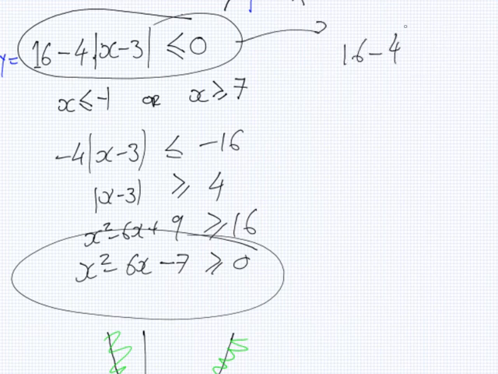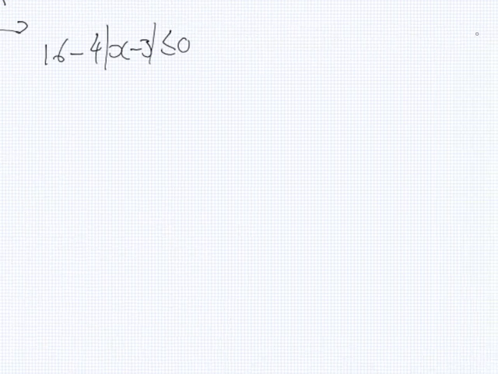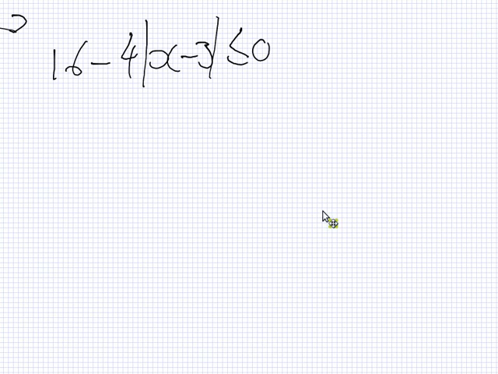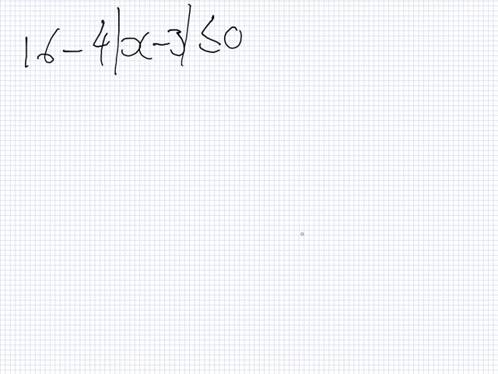16 minus 4 absolute x minus 3 less than or equal to 0. Not substitution quite. Anyone got an idea? Steven, I cannot work it out with the two methods that you gave.